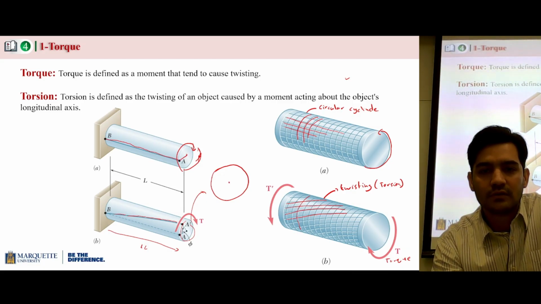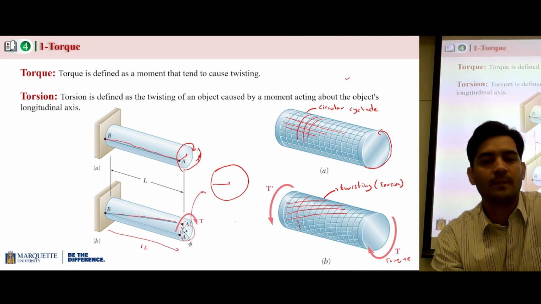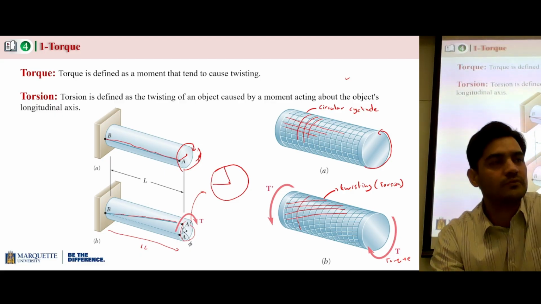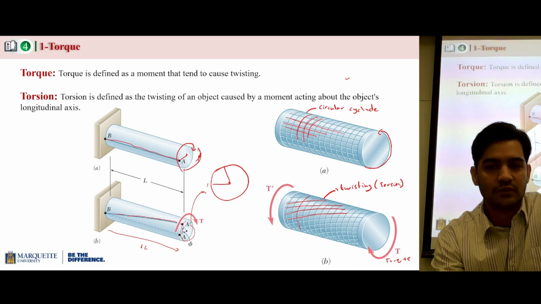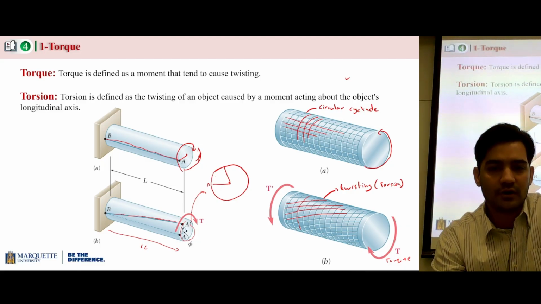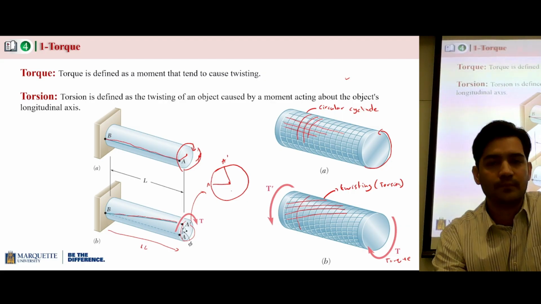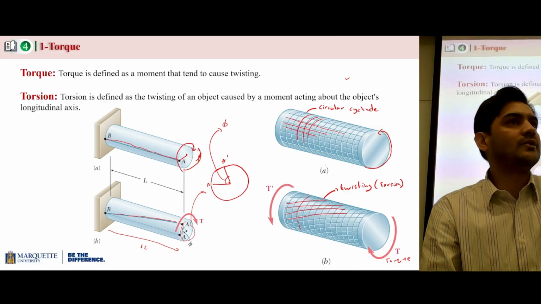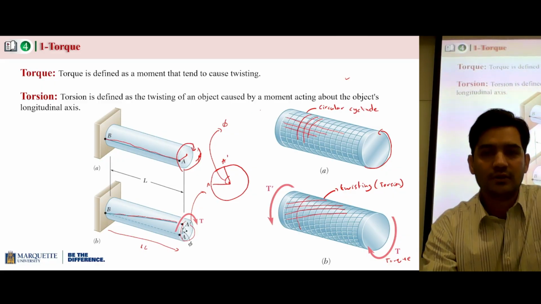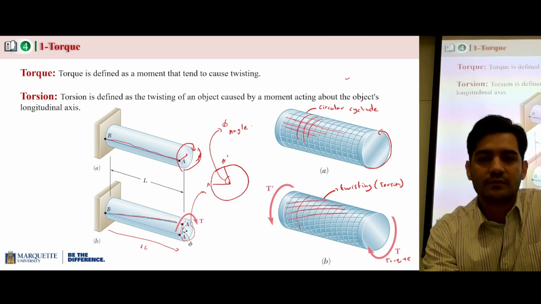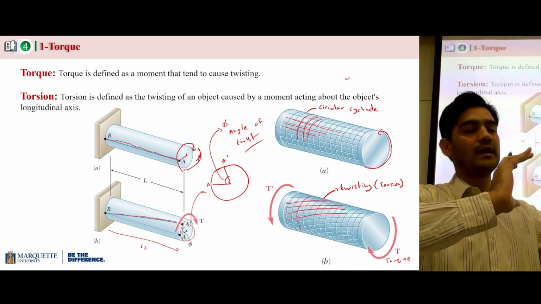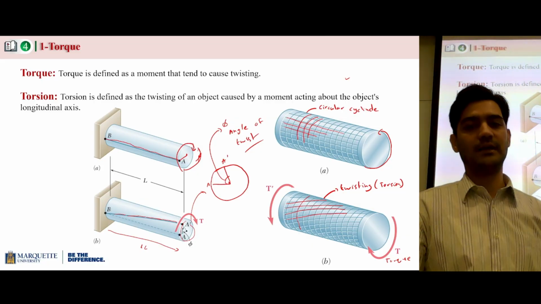This was the original line, and when you apply torque, this line moved to this position, A prime. This angle is basically a representation of the actual twisting or torsion happening, and this angle is called the angle of twist. If you can calculate the angle of twist, you can understand how much twisting is happening because of this applied torque.